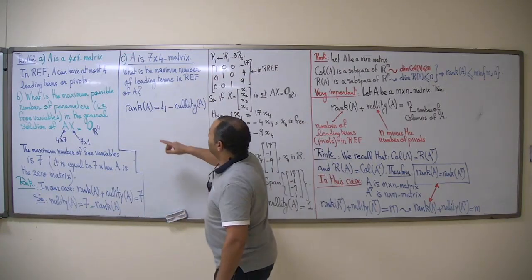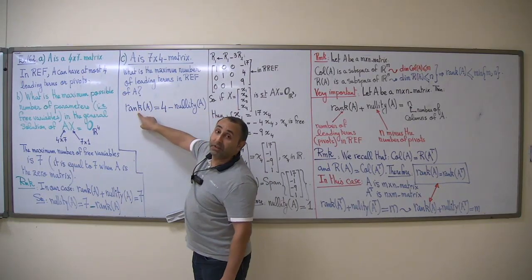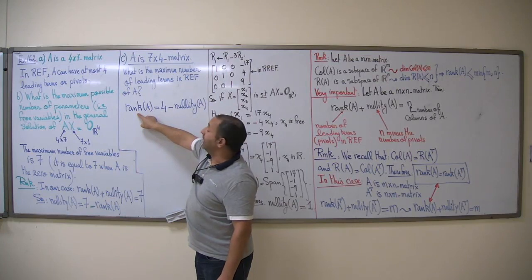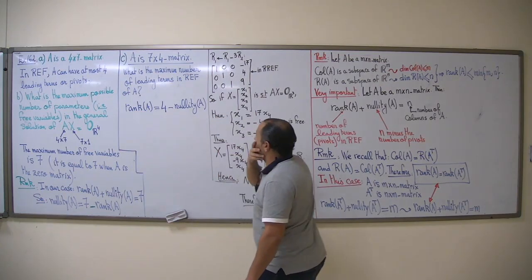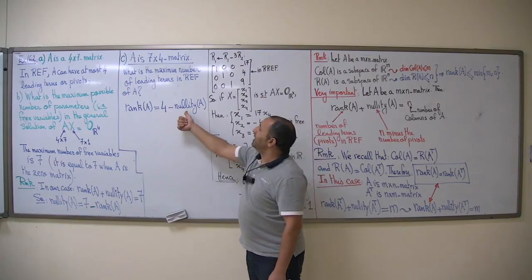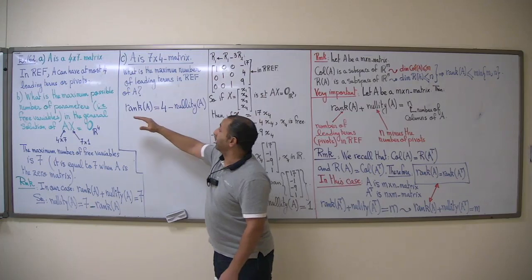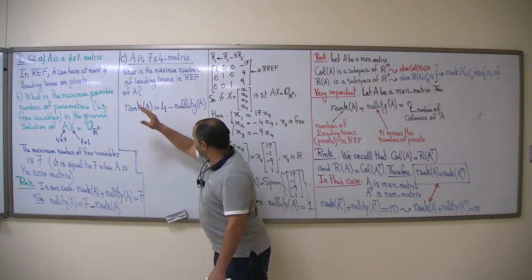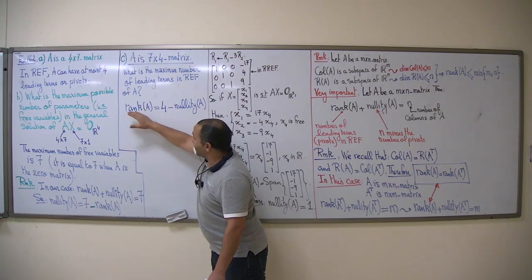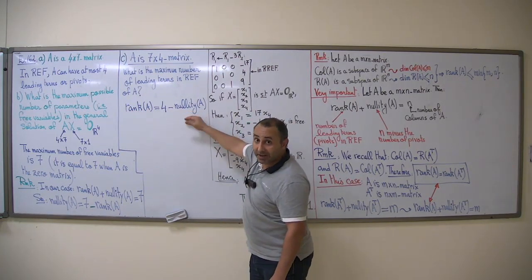You would like to maximize the rank. The rank is the number of the leading terms in the row echelon form of A. So I need to minimize the nullity.